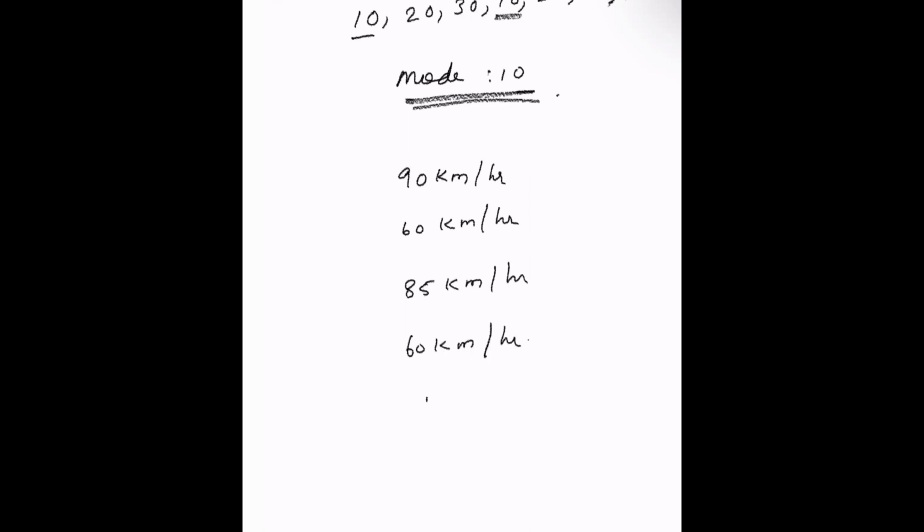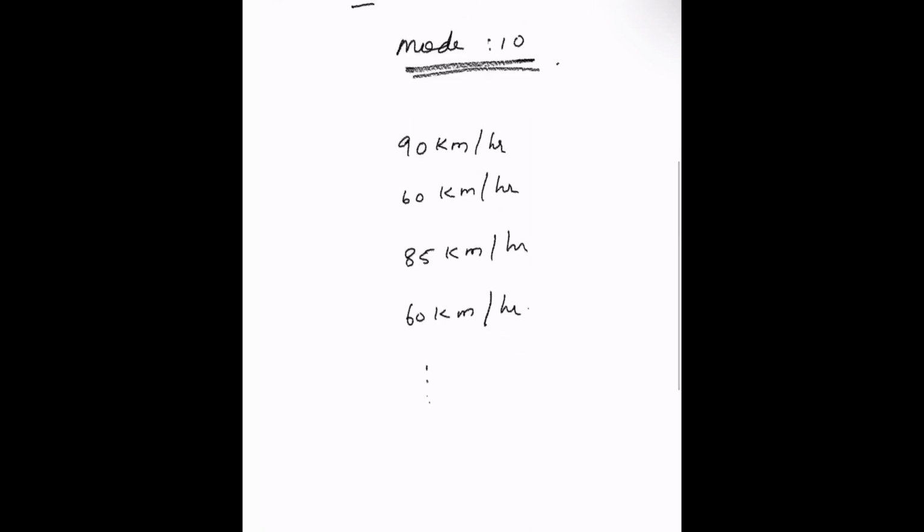Like that, you keep on noting down all the cars' speed. Say you note down 10 cars' speed. What is the average speed of the car?